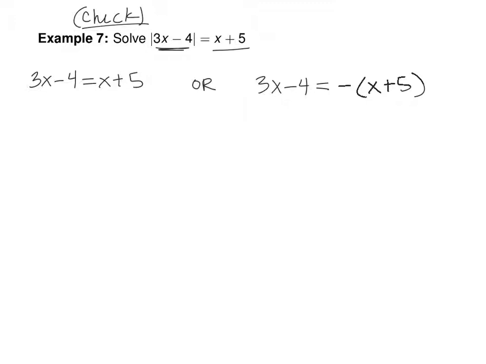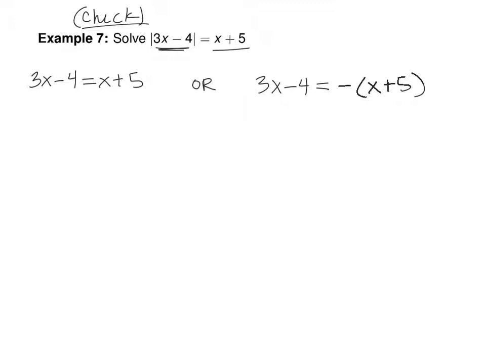So tricky thing number 1 is you must check. Tricky thing number 2 is you've got two equations. Tricky thing number 3 is the parentheses. Does that make sense? So to get the opposite of x plus 5, you must negate the whole thing. Multiply the whole thing by negative 1. So don't forget the parentheses. When in doubt, put them in.